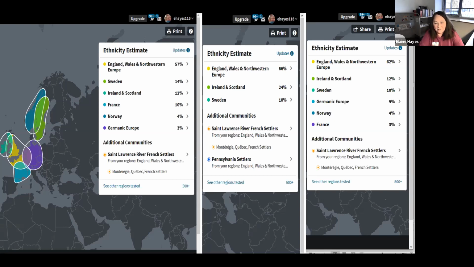That particular sister also has a different genetic community, the Pennsylvania settlers. So I can look at that too, because obviously we have the same ancestors. I can find some information from her DNA and her matches too that might be different than mine.